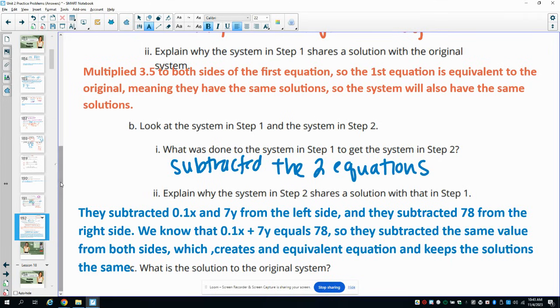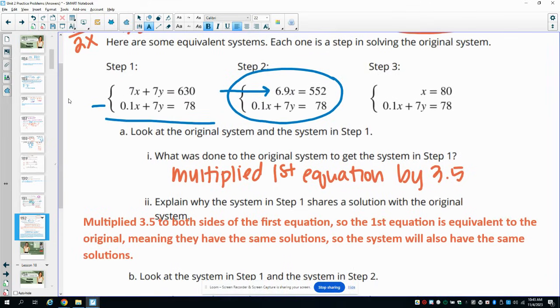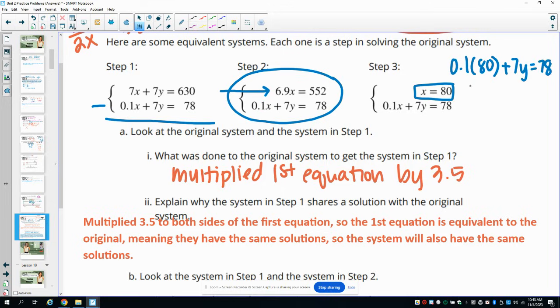And then they want you to actually figure out what the solution is to the system. So I'm just going to scroll back up here. So we know then that they divided by 6.9 to both sides and got that x equals 80. So then we just need to go ahead and plug this back into the other equation to figure out y. So we'll do 0.1 times 80 plus 7y should equal 78.